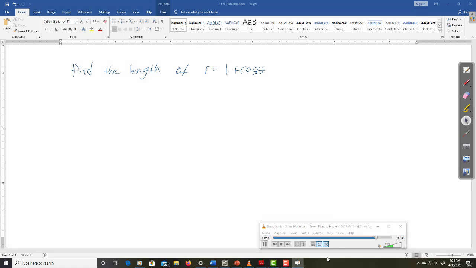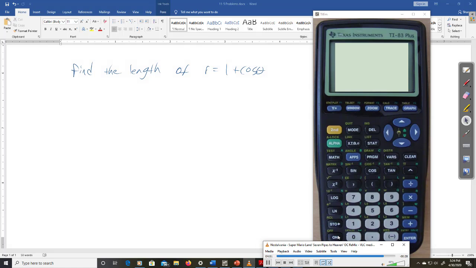So if we look at that, clear this, look at the graph. This, by the way, is exercise 23.